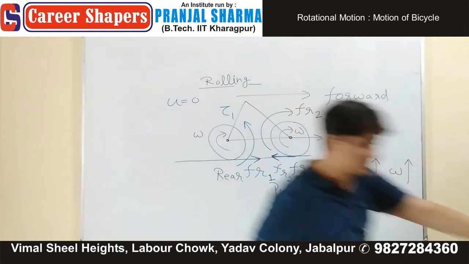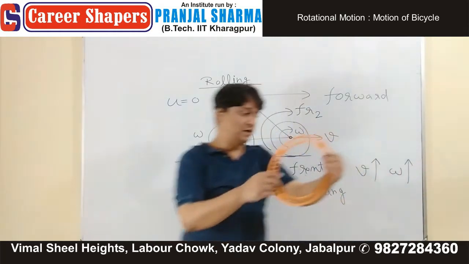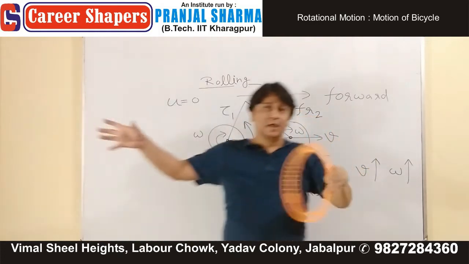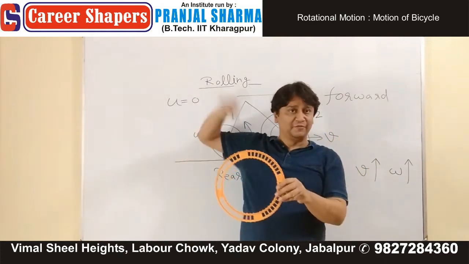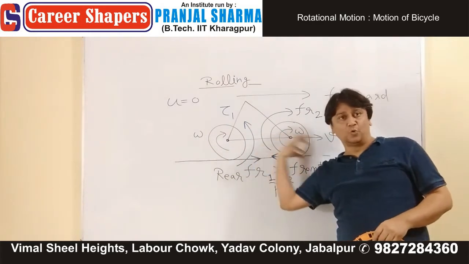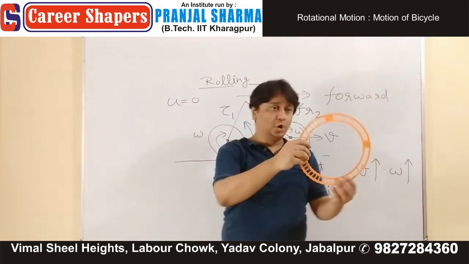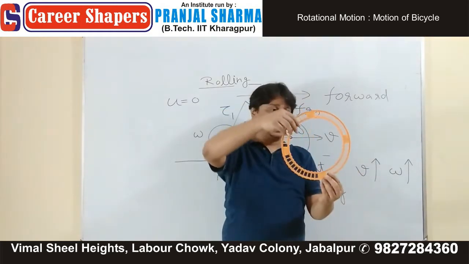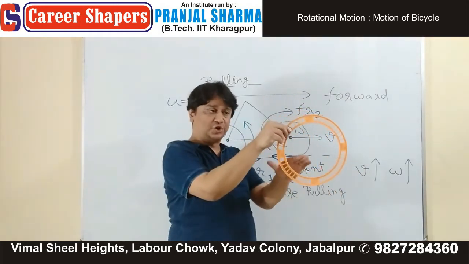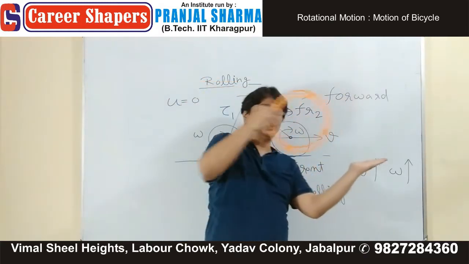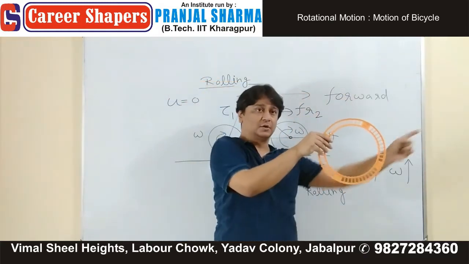Now what happens? Imagine this part. This is your front wheel now. Due to the pedaling effect, the bicycle starts moving forward. Look what happens to the front wheel. It has no rotation, but somebody has pushed the whole thing in the forward direction.